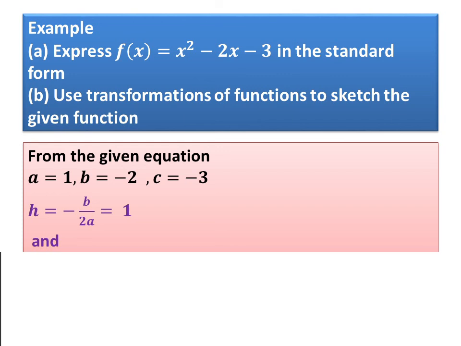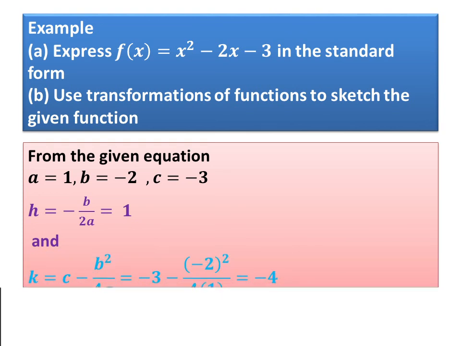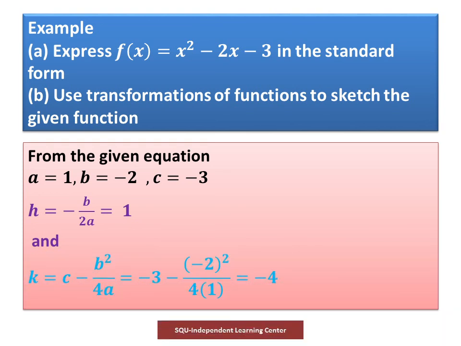And substituting for b and a, we arrived at h equals 1. Also, k equals c minus b squared over 4a. This is equal to minus 3 minus 2 squared over 4 times 1. This equals minus 4. So here we got the h to be 1 and the k to be minus 4.